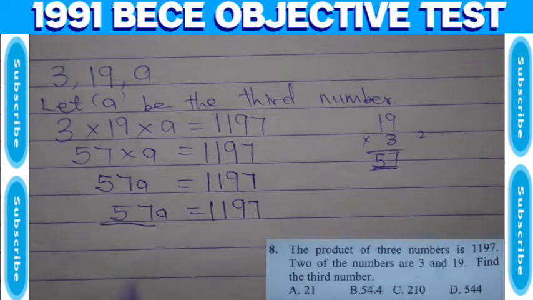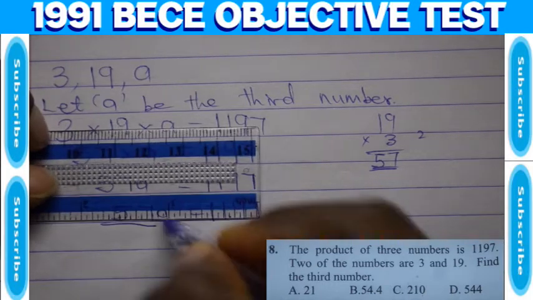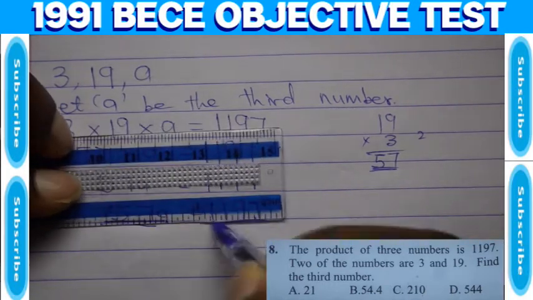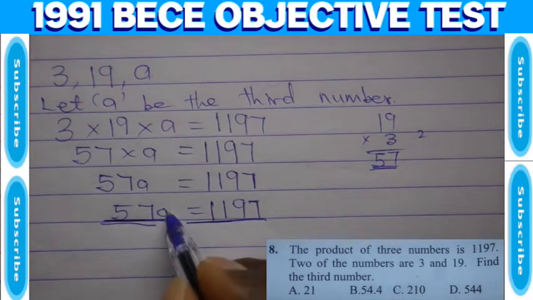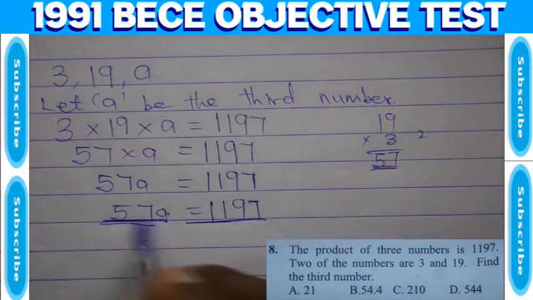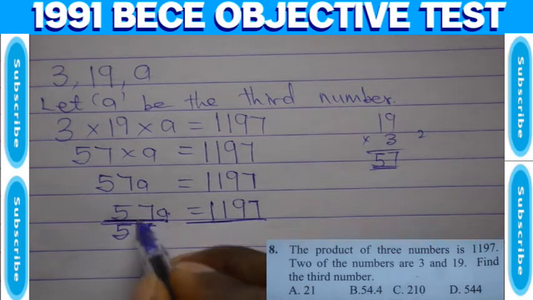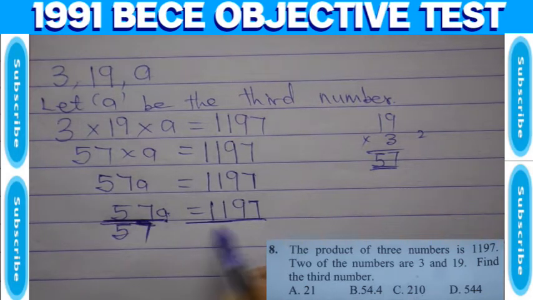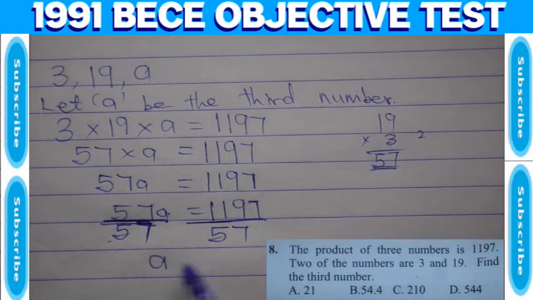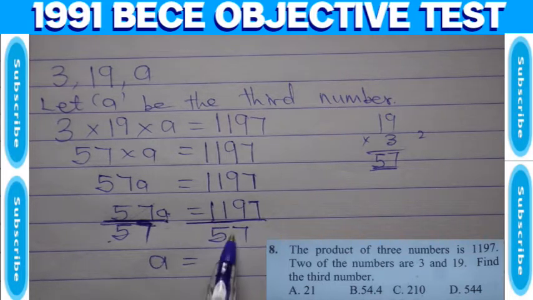Now, to find the value of A, let's divide both sides by the coefficient of A, which is 57. So we divide here by 57, and divide that side by the same 57. Then they will be gone, and you will have only A standing. Then you have 1197 divided by 57.